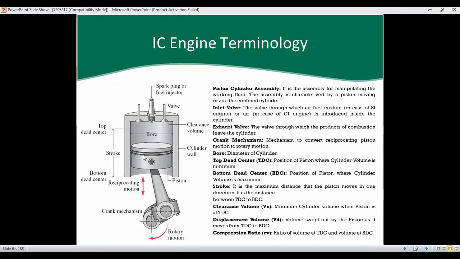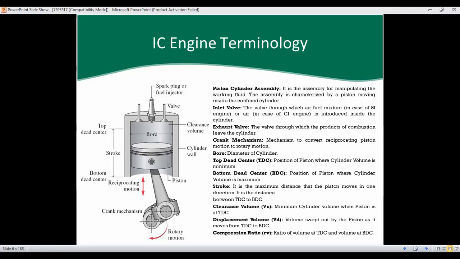This is your piston and this one is your cylinder. Inlet valve: this is your inlet valve, the valve through which the air and fuel mixture enters in the case of an SI engine, or air in the case of a CI engine. SI engine means spark ignition and CI means compression ignition engine.